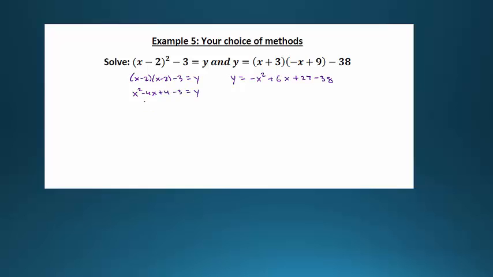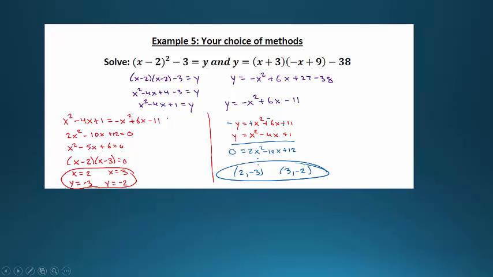Do a little combining here, get our x squared minus 4x plus 1. So it looks like those are my two equations. So you can choose if you want to do substitution or elimination. I will do both, and then if you pause the video, work yours out, then you can unpause and see how our answers compare.